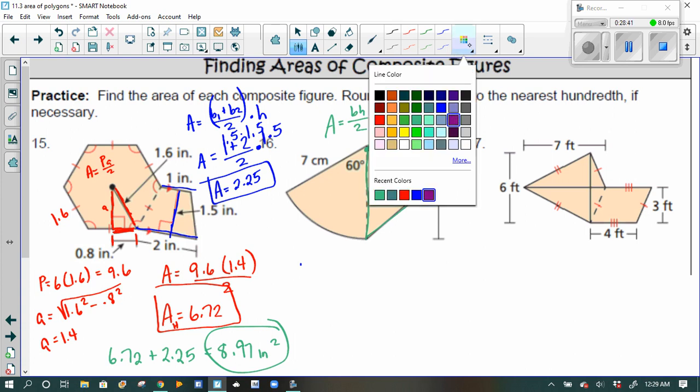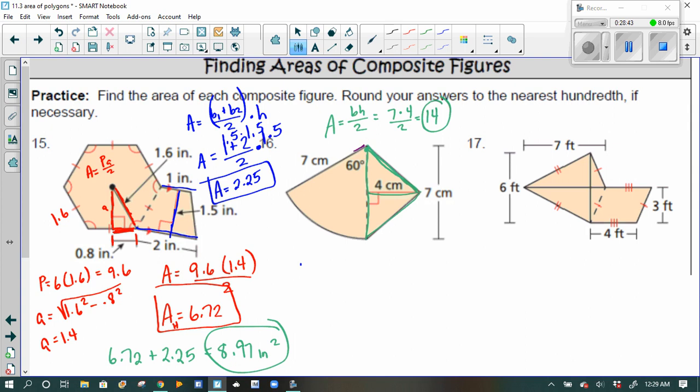Now the area of this is a sector. Remember, this is the slice of pizza. So this is from chapter 10. So we're going to have to do the proportions. So 60 over 360 is the sector over pi r squared. And this is going to be your radius. So we're just going to cross multiply here.